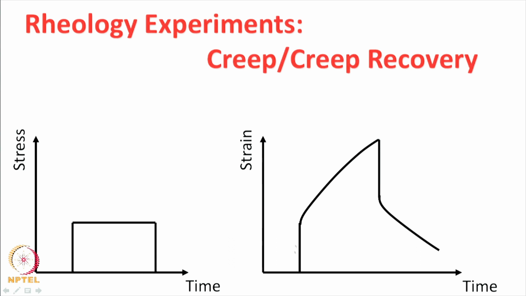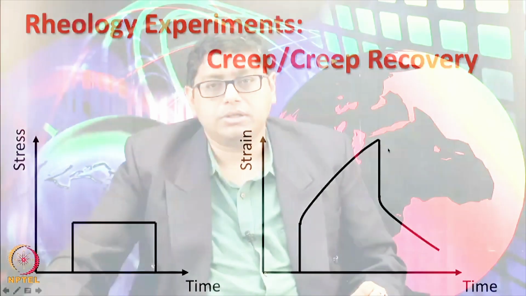Okay. So, strain is instantaneous, and then there is an approximately linear increase in the strain till it reaches a maximum. Okay. So, the first two portions of the curve are called the creep. The next two portions of the curve are after the stress again drops to 0, where what you get is a similar response, but in the opposite direction.